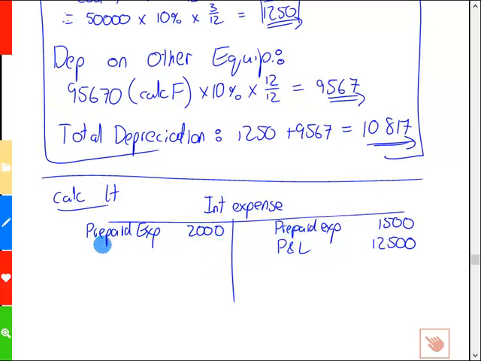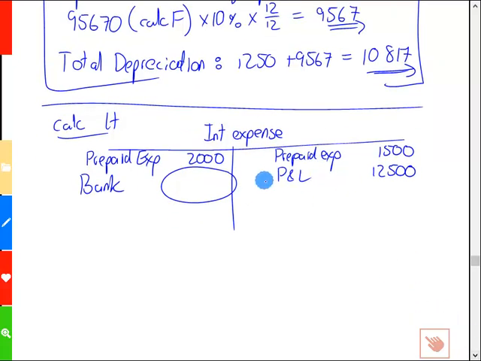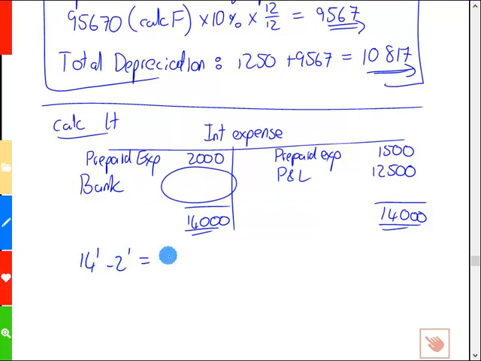The remaining figure is what we have paid. Okay, so now we can add up this side. This comes to 14,000 Rand. We know that my debits also need to come to 14,000 Rand. And we thus know that the bank amount was 14,000 minus 2,000, 12,000.